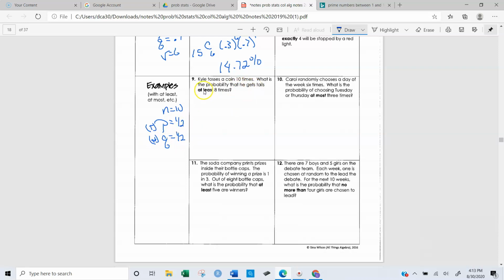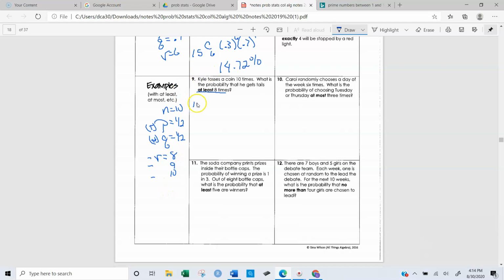But this time he wants to get at least 8 times. So at least means I want 8 of them right, 9 of them right, or 10. So this time R equals 8, 9, and 10, which means I have to do this problem 3 times and then add up the answer.